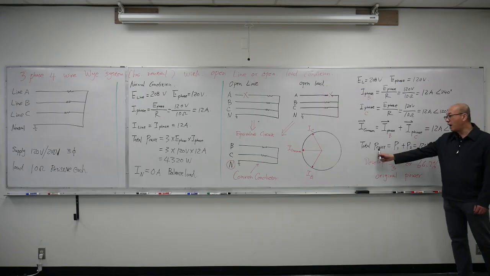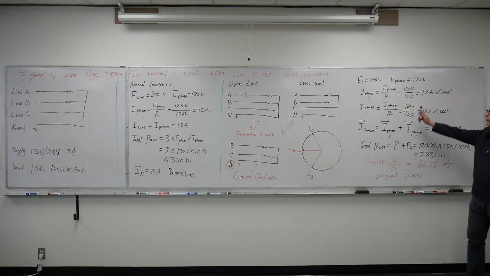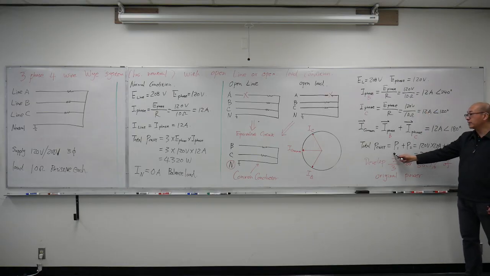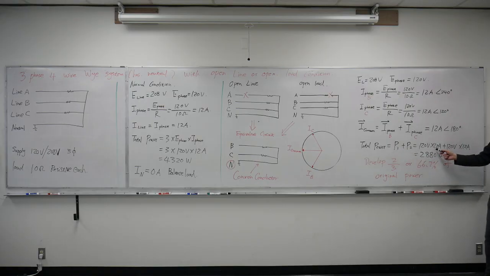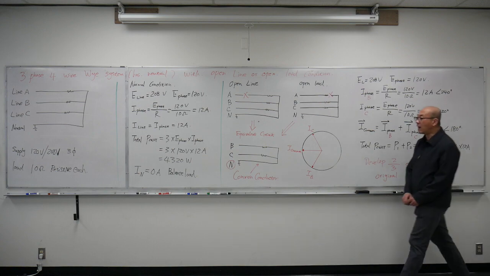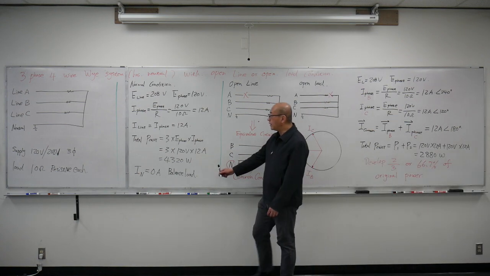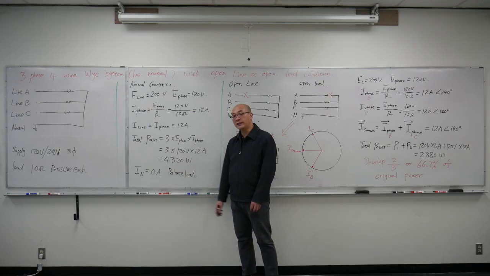We calculate the power. Now we only have two phases in there, and these two phases each develop power. The power we calculate by using volts times amps. Now we have a total power developed in the circuit of 2880 watts. Compare this 2880 watts to the normal condition of 4320 watts.